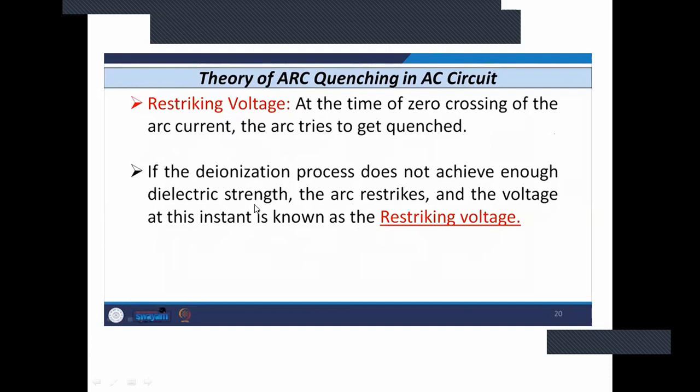So we must use a dielectric medium having enough dielectric strength to deionize the arc. If the dielectric strength of the medium is not good, then there is a chance of restriking voltage.